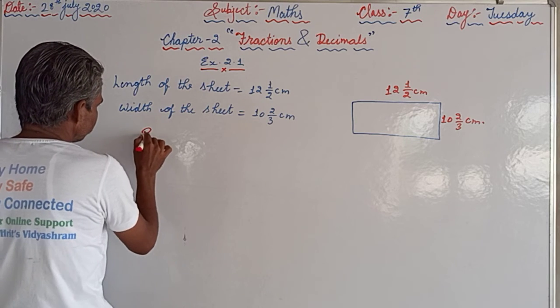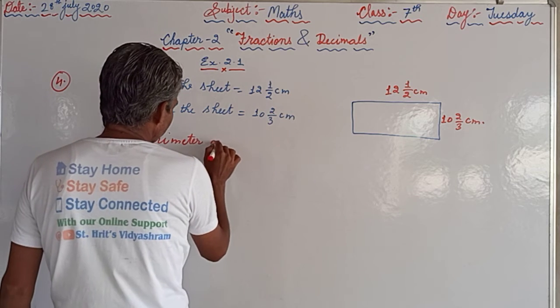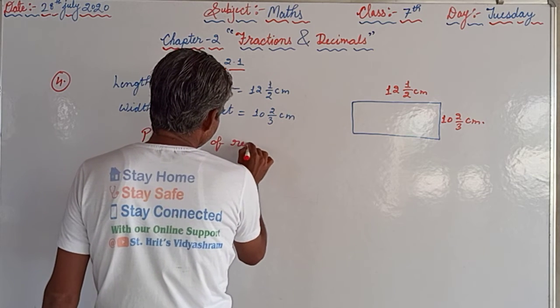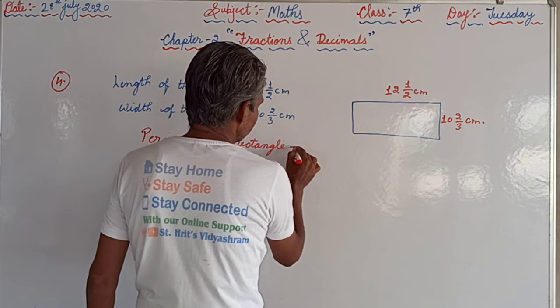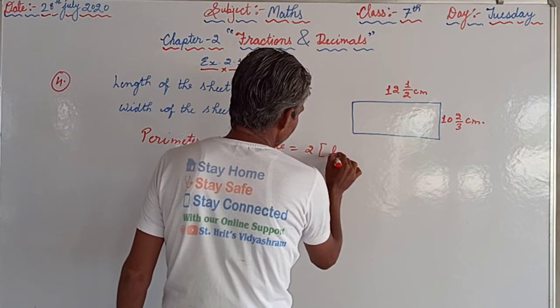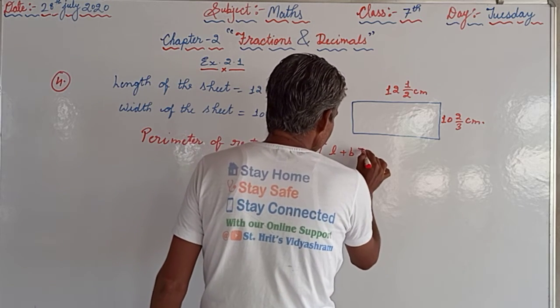Perimeter of a rectangle is equal to 2 into length plus breadth, or length plus width. The same thing is there.